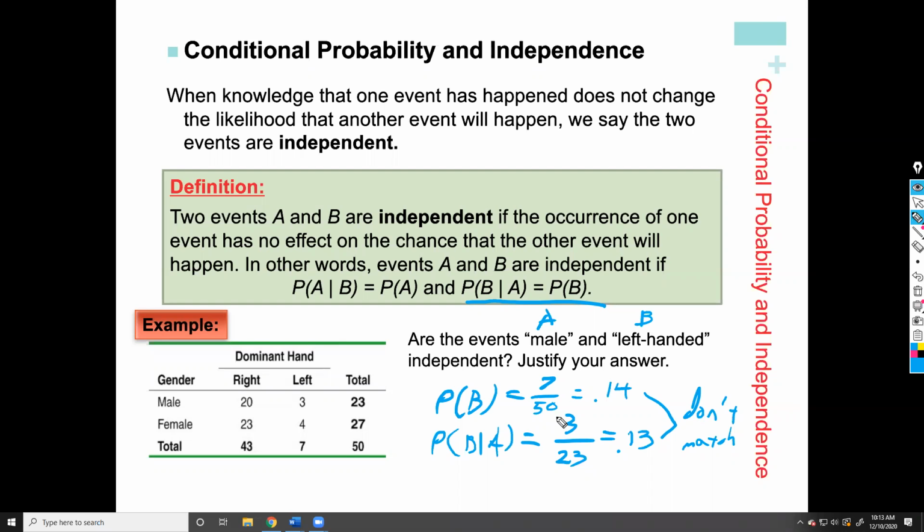Or it doesn't change whether you pick heads or tails on the coin flip. Those events are independent of each other. If they weren't independent, then me rolling a 6 would somehow alter what you think the coin flip is going to be. But they don't have anything to do with each other, so they're independent.